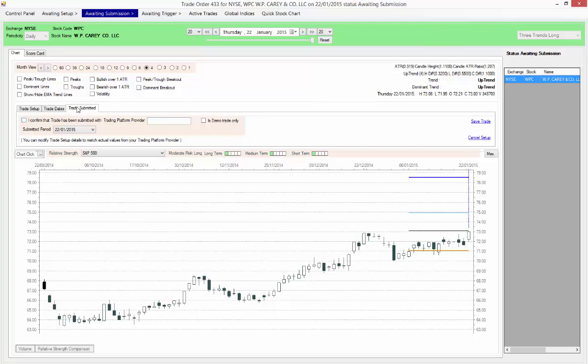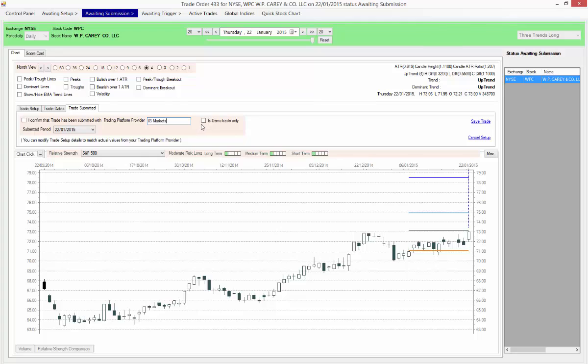Trade submitted is the final tab in its status, where we actually get to say that we have in fact confirmed the trade has been submitted with trading platform provider. Now, if I'm trading CFDs, I may have an account with IG Markets, so I put in whatever text I'd like to put in there about who my trading platform provider is.